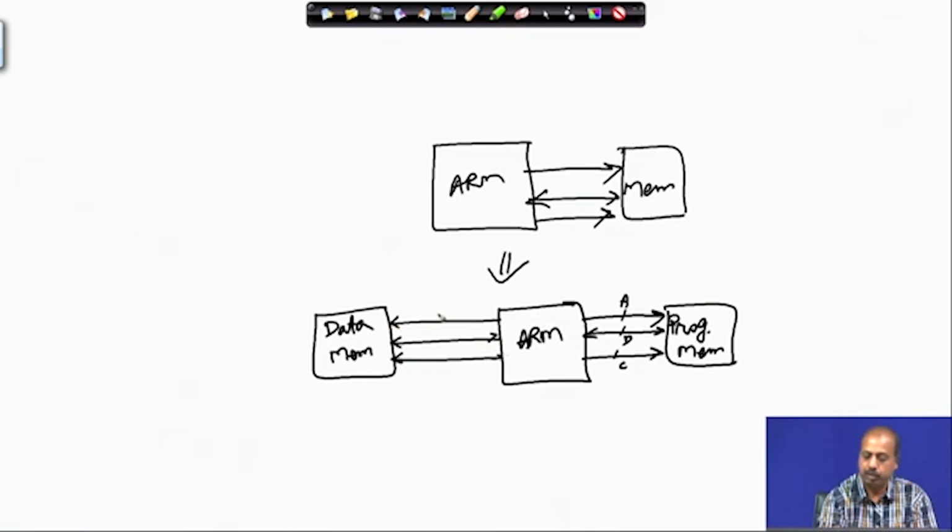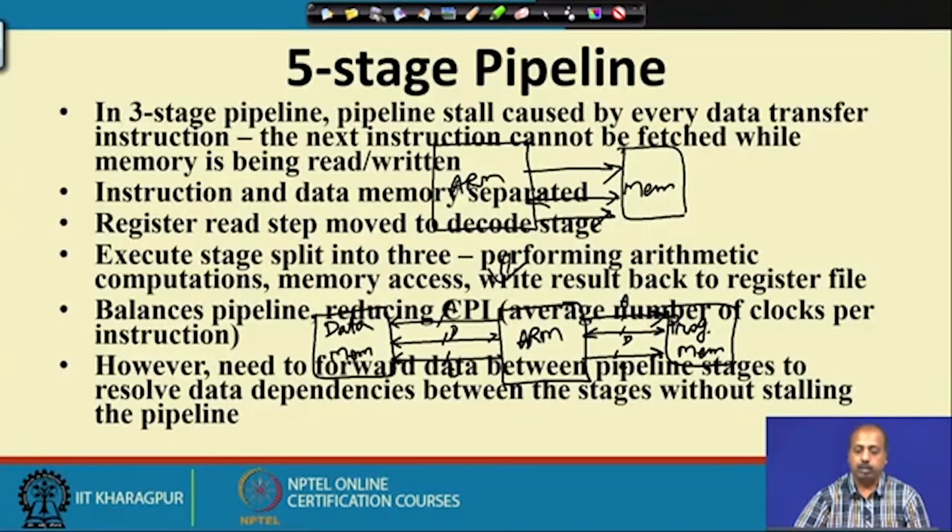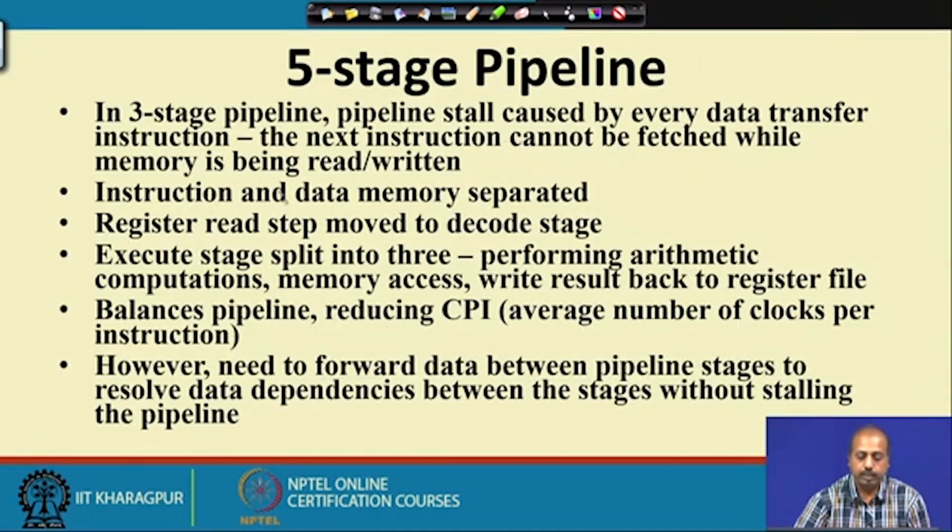So, the 2 memories are separated and the buses are also separate. So, you have got the flexibility now that this data access will not hamper the fetching of the next instruction from memory. So, instruction and data memory are separated.